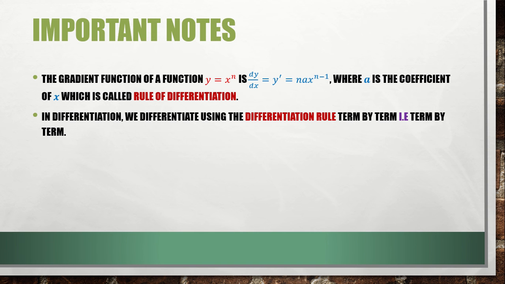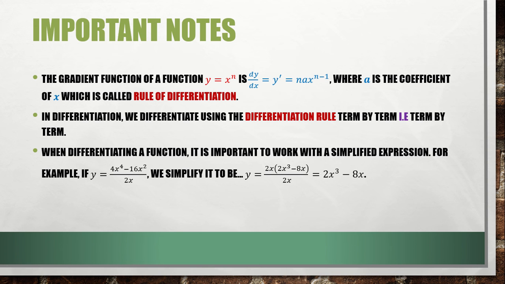In differentiation, we differentiate using the differential rule whereby it's term by term. That means every term is multiplied by that particular rule. When differentiating a function, this is very important, it is important to work with a simplified expression.